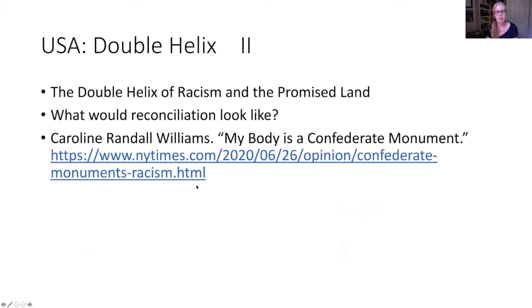I'm sure you all saw this really compelling piece in yesterday's New York Times, "My Body as a Confederate Monument," where the author Caroline Randall Williams, who is at Vanderbilt, writes about the deep familial entanglements of enslavement and race and rape and the present, and she has a really amazing paragraph where she talks about how she is half white, and yet she has no white relatives in living memory in her family.